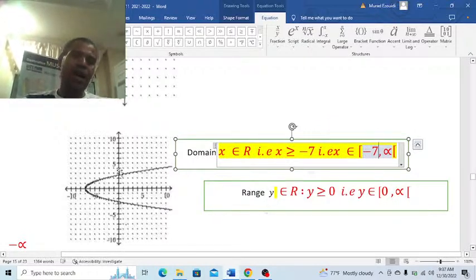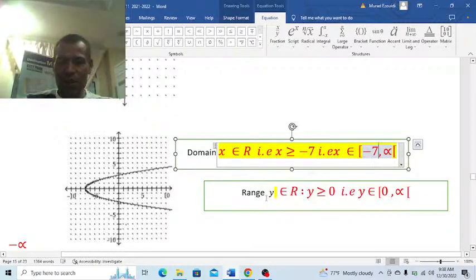But the range is what? It is from about negative 3 to... it's real numbers here, positive and negative numbers.